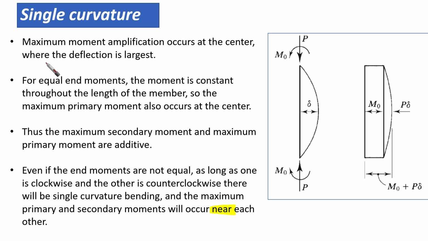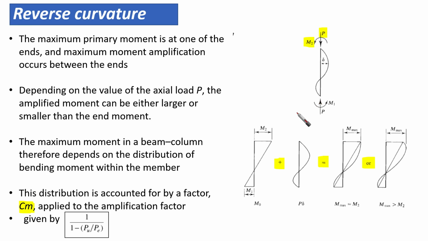Whenever we have single curvature of the element, commonly the maximum delta is going to occur at the middle. However, if we have double curvature, as you can see here, we do not know exactly where this delta is going to occur. It is not going to be in the middle. It is going to be somewhere else.